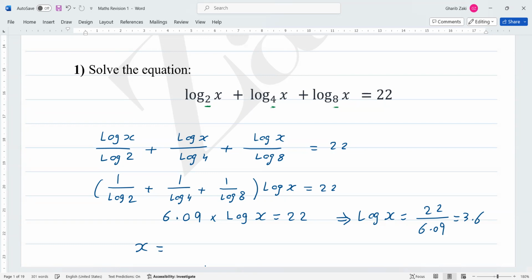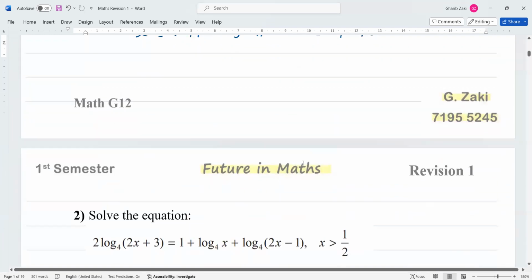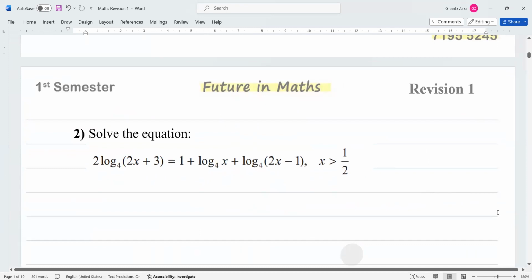We say x equals shift log answer. So the answer, the value of x, is 4096. Okay, so this is a tricky question. I hope you understand this question. Next question. Solve the equation. Try to solve.